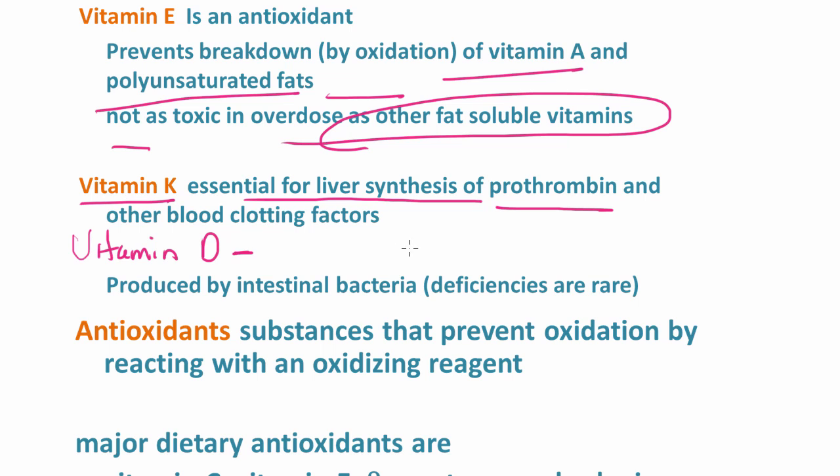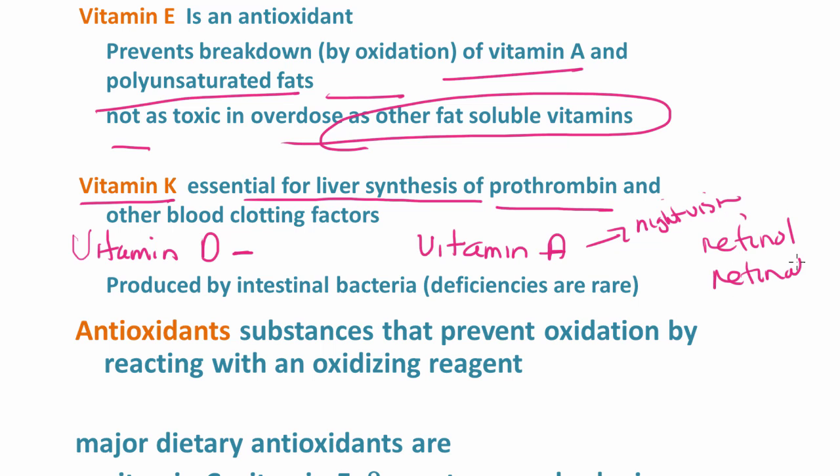There's vitamin A. Vitamin A. This is important for night vision, healthy eyes, and there are 3 forms, and you've heard of some of these, I know. We have the retinol, and retinoic acid.